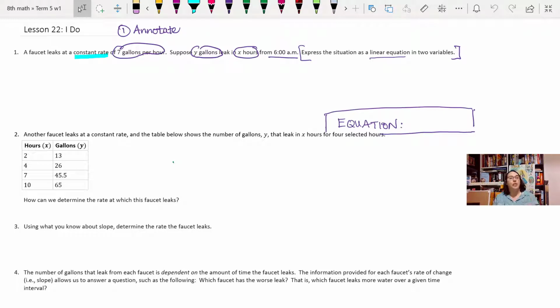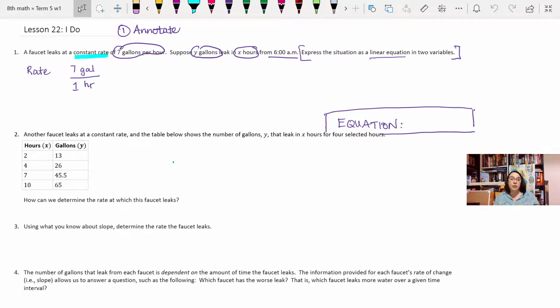To start out with, I notice I've been given a constant rate. Let's write that rate as a ratio: 7 gallons per hour. And I know when I say per hour, I mean the ratio of 7 gallons to 1 hour.